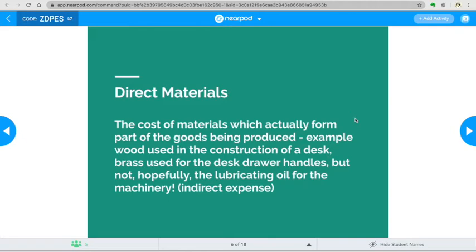Now, when you are producing a product, in this case, in this example, it is a desk, you need to know how much wood you have actually used in producing, let's say, 100 desks. And wood is not the only material which you're using. You're also using these brass handles. You're putting all of these together. Everything which went into the production of the product will have to be accounted for.